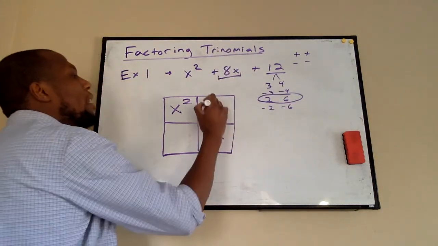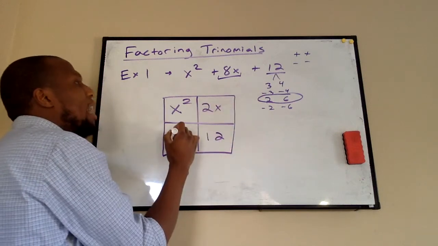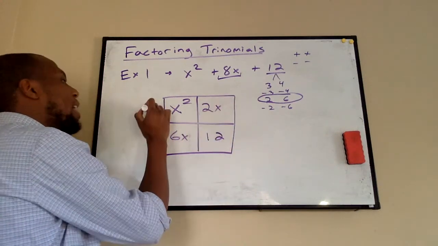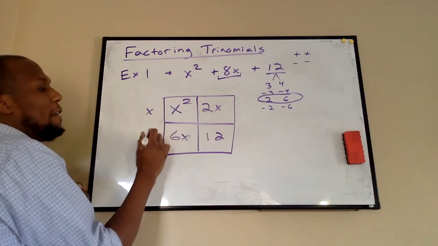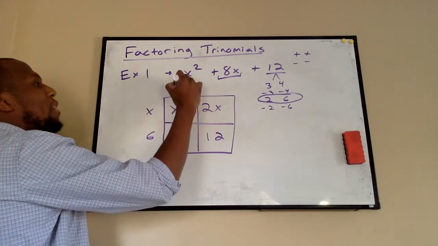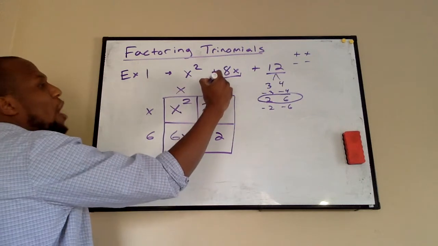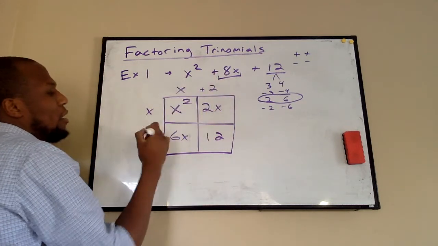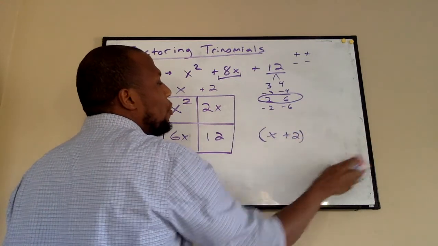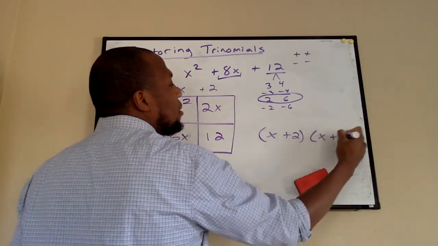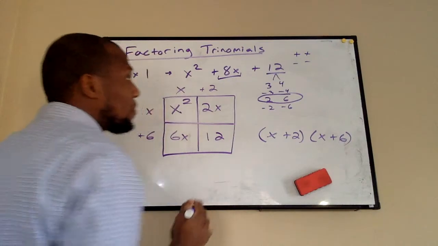Those two work for me, so then I would have 2x and I would have 6x to then be able to pull out a GCF across each row and pull out a GCF across each column. So then we end up with our final factored product of x plus 2 and x plus 6.